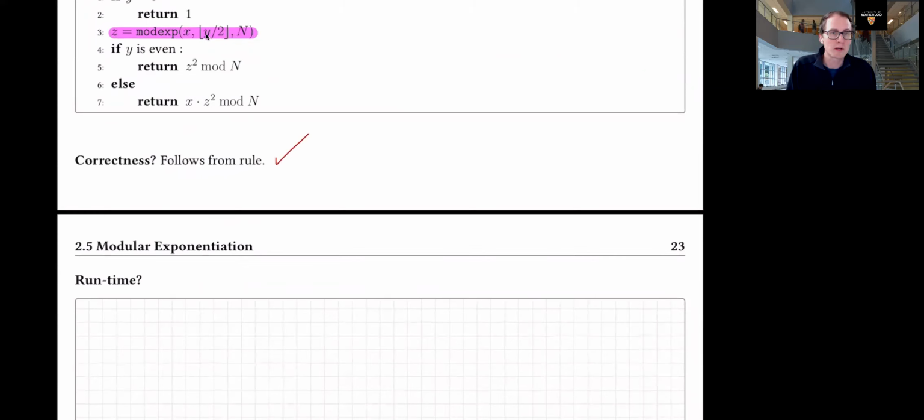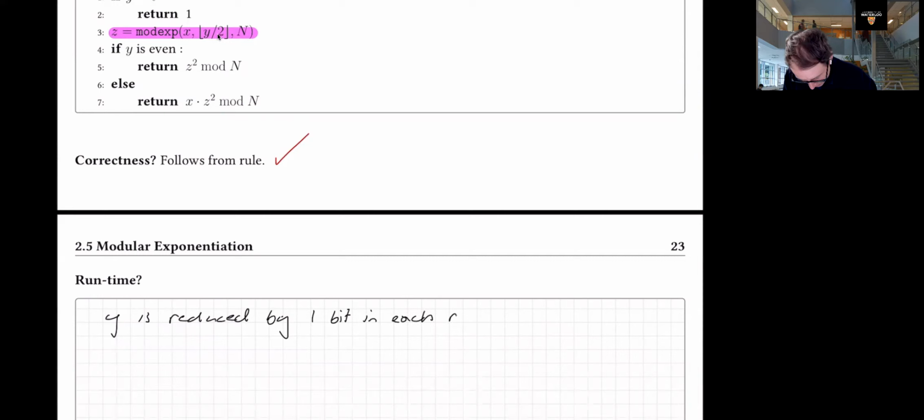So the first thing you notice is that y is halved in each recursive call. And so it's reduced by a bit, right? So y is reduced by 1 bit in each recursive call.